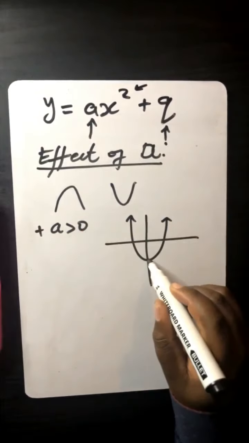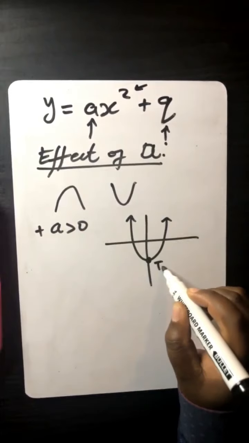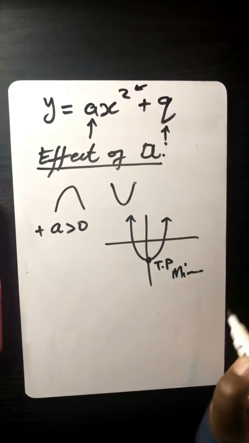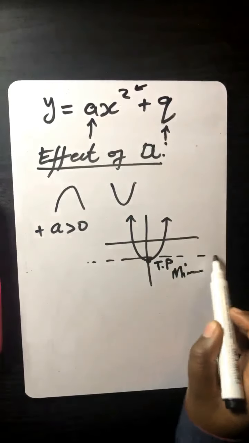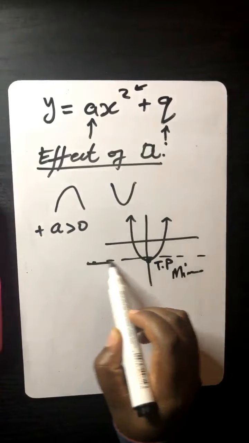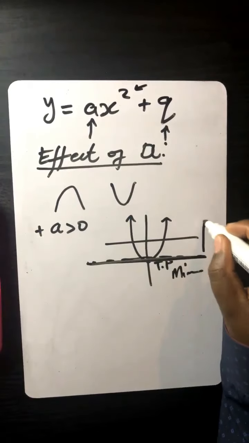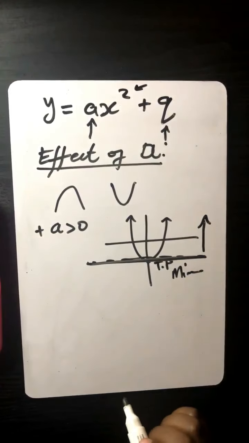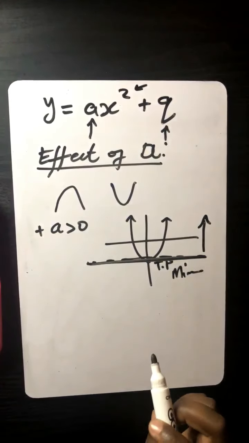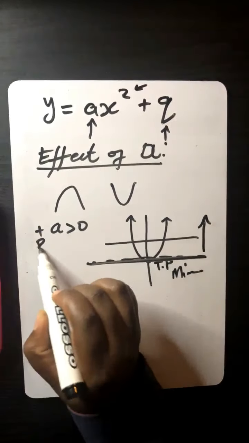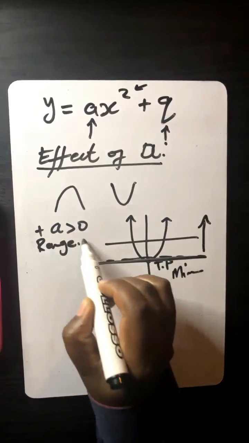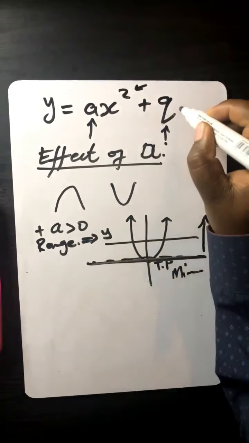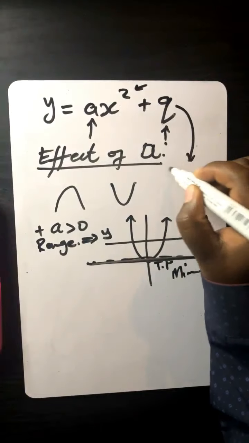This is where we say the turning point is a minimum value, in the sense that our graph starts from there going upwards, so it's increasing in that direction. Which means what we call the range, remember we said the range refers to the y value, so your q is the range.